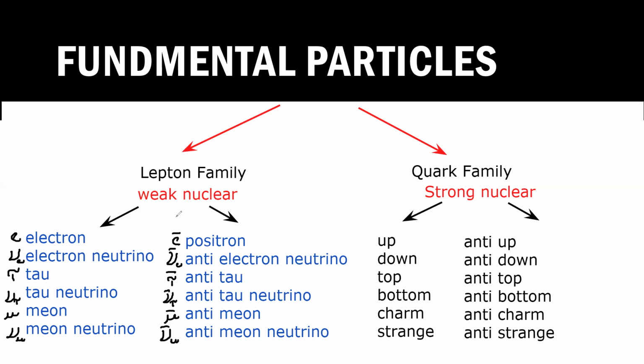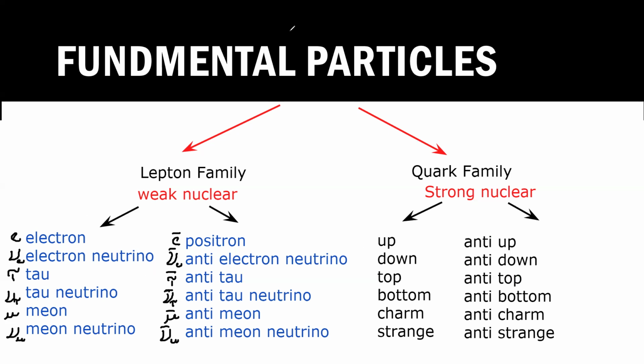So for every antiparticle, we just put a bar on the same symbol we use. So electron symbol is e, electron neutrino symbol is nu e, tau symbol is like tau. Muon symbol is the same as the symbol for micro, that is the same symbol we are using for a muon.